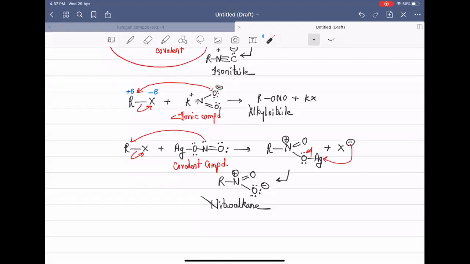And here, because this is covalent, oxygen has lone pairs for donating, nitrogen also has a lone pair for donating. But a neutral nitrogen is more nucleophilic as compared to a neutral oxygen. So nitrogen connects and we have this.